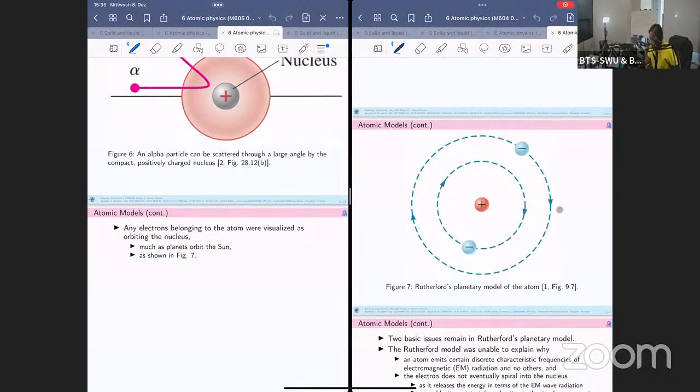The electron should move around the nucleus in either a clockwise or counterclockwise direction, but this movement takes place in a horizontal plane. It's a normal plane, so it's not three-dimensional. This is what Rutherford suggests about the atomic model.